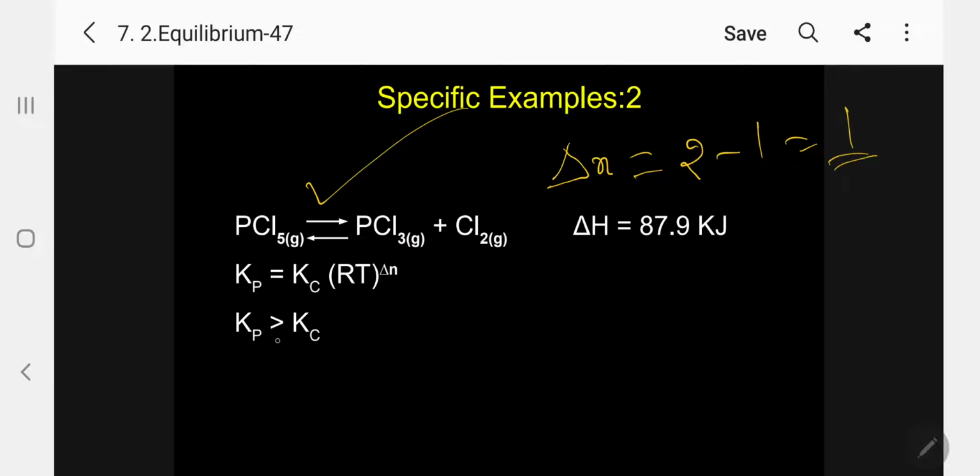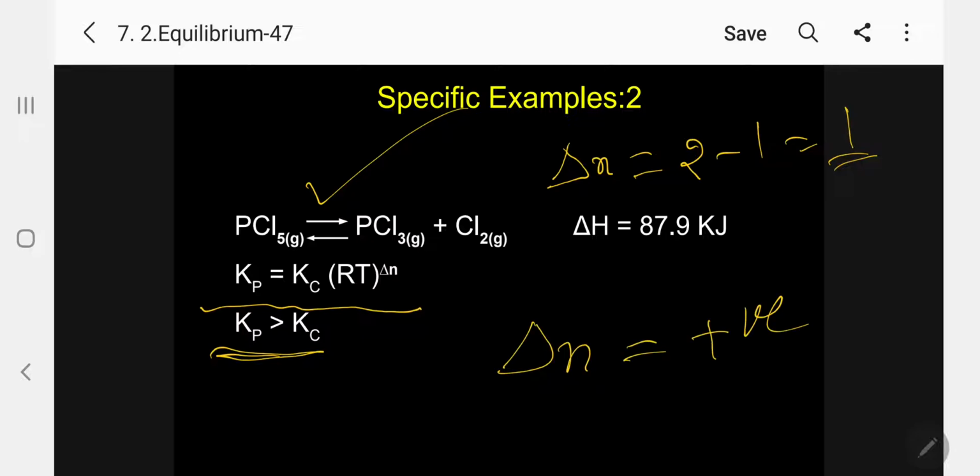So I can write Kp equals Kc into (RT) to the power of delta n, that means Kc into RT, so Kp is always greater. Please follow: if delta n is positive, Kp is greater than Kc. Please keep it in mind.